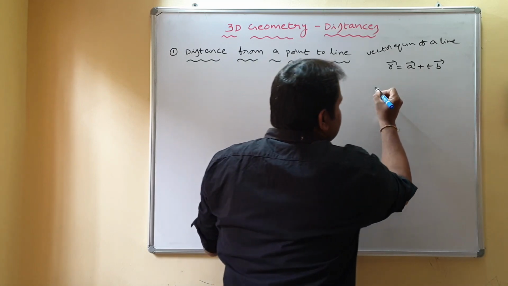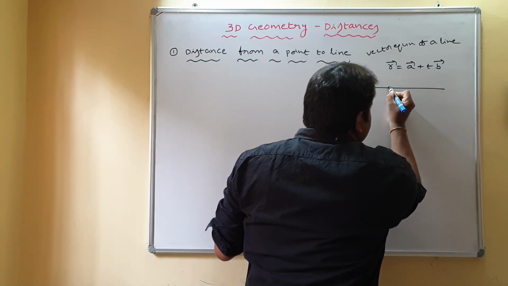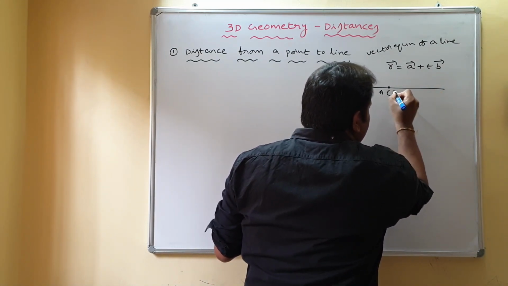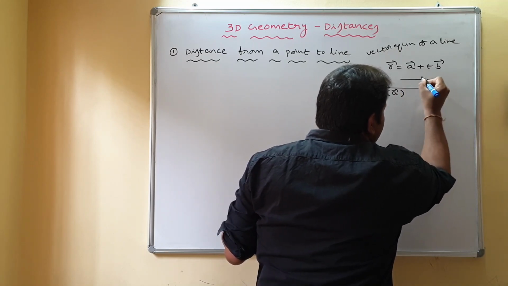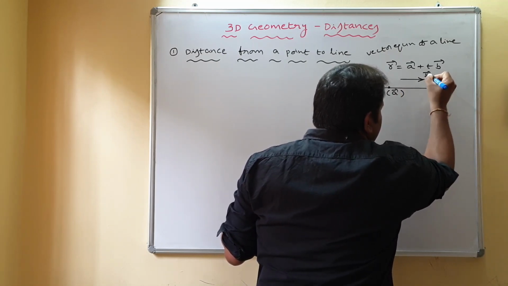It represents the line that passes through the point a bar and is parallel to the vector b bar. You know that.